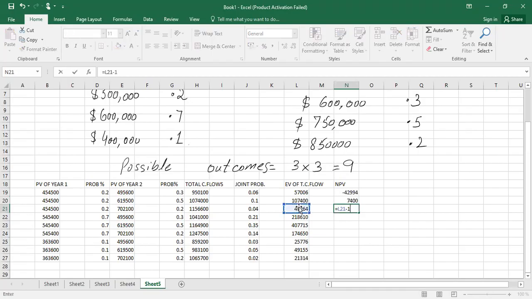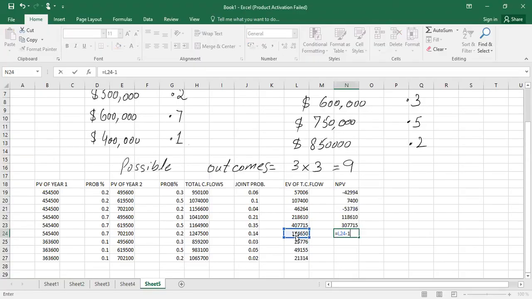This minus $100,000. This value minus same. This value minus same.